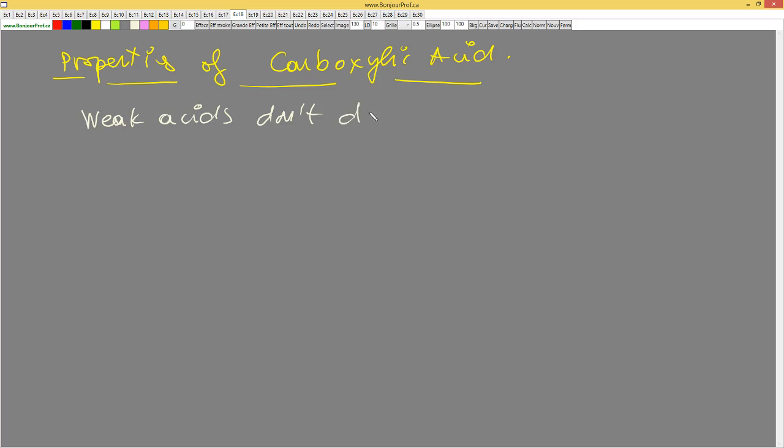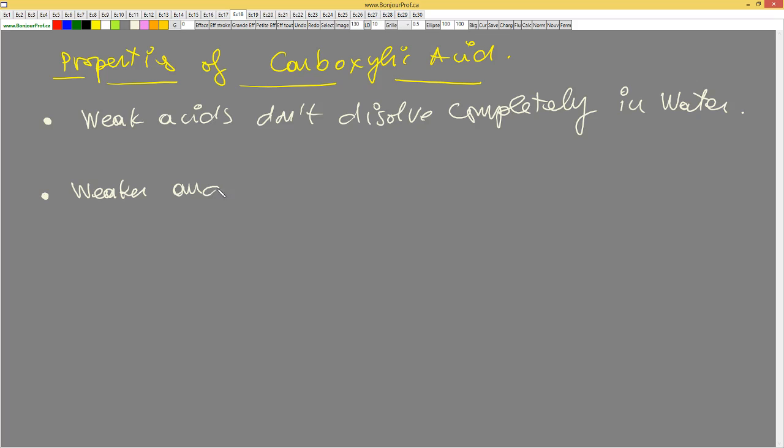They become weaker and weaker with the rise of the size of the acid.